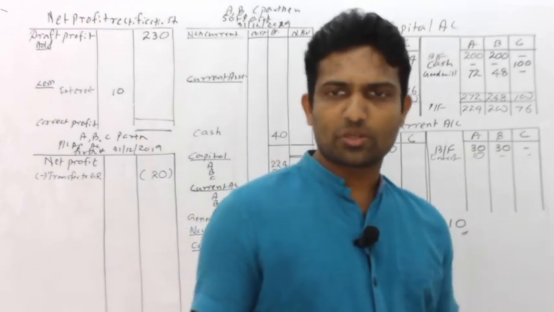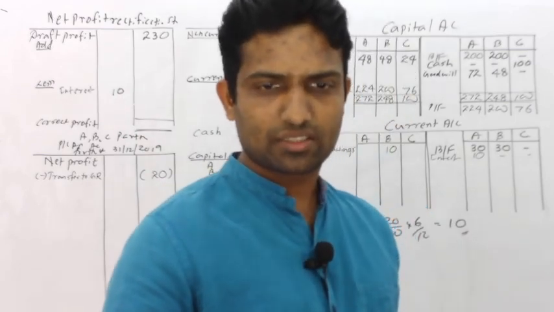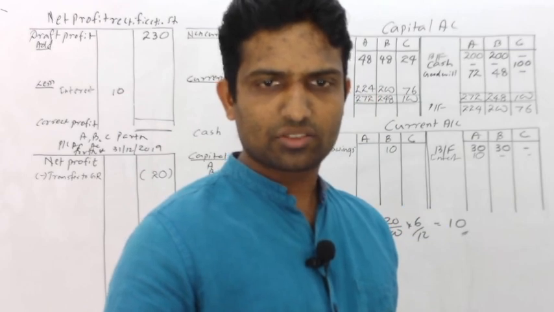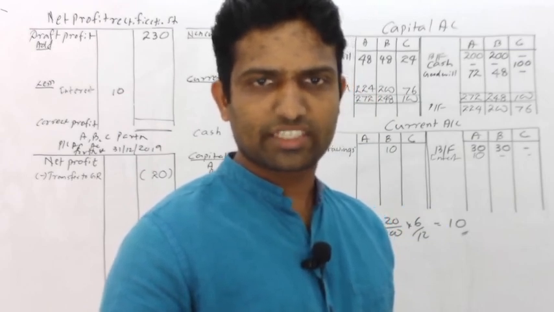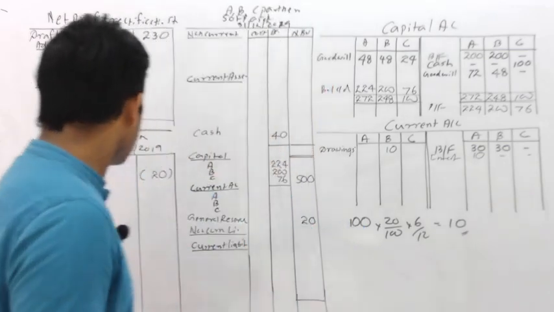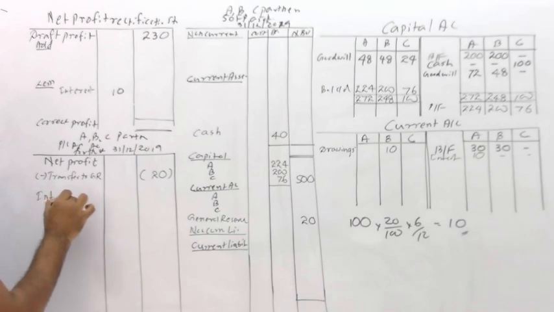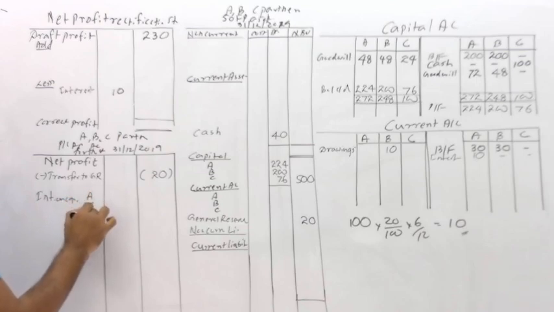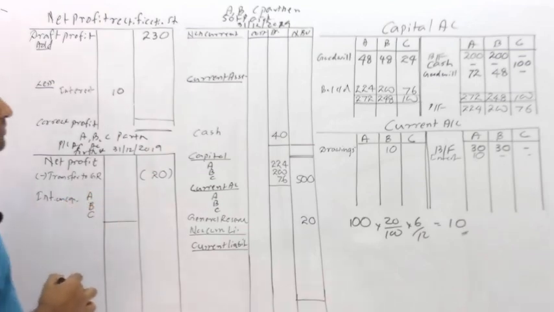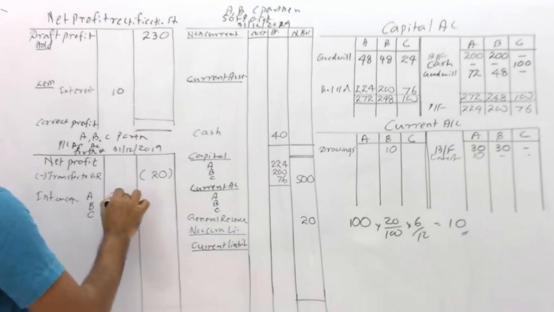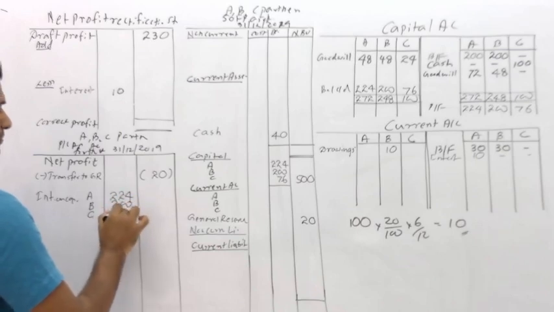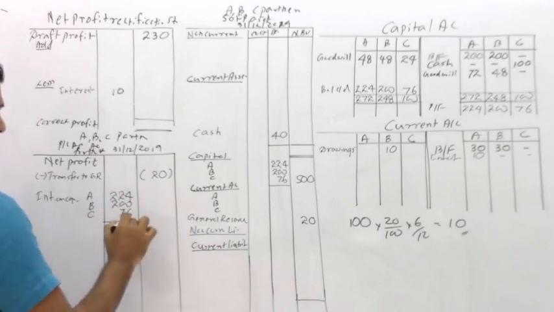On these capital balances, you have to calculate interest at 10%. Interest on capital is 10%. Take 10% on this. These are the balances.